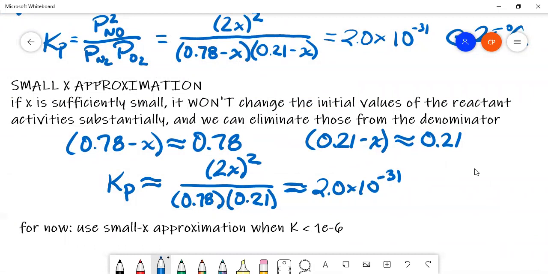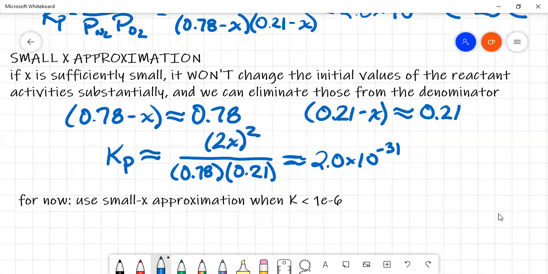For now, I'm going to say that you can use the small x approximation when the equilibrium constant is less than 1 times 10 to the minus 6. 2 times 10 to the minus 31 is a whole lot smaller than 1 times 10 to the minus 6. This is going to work, y'all. Okay? So let's show that it works.